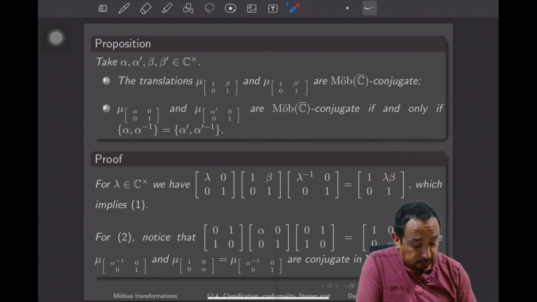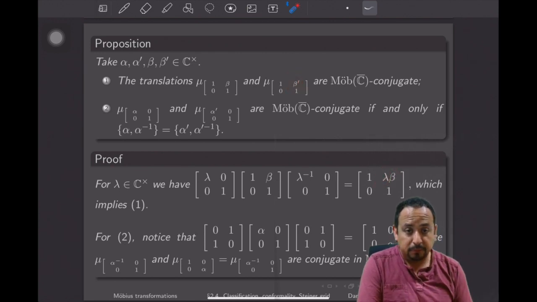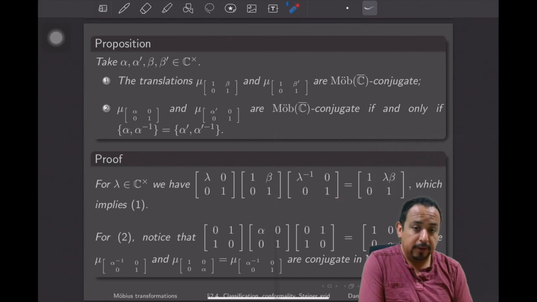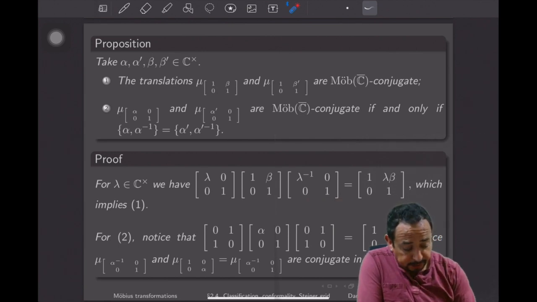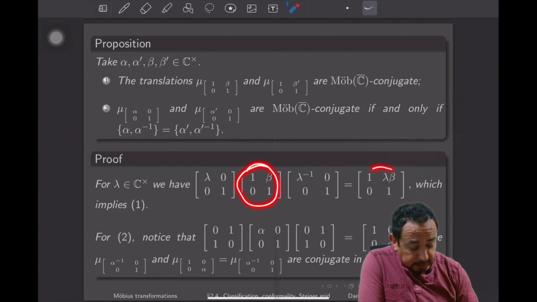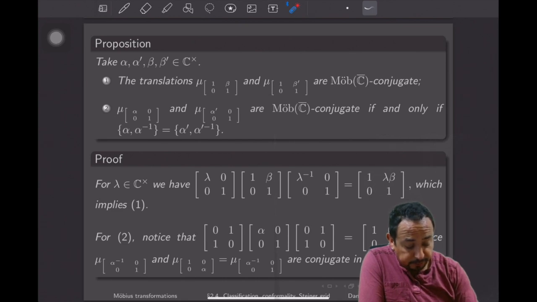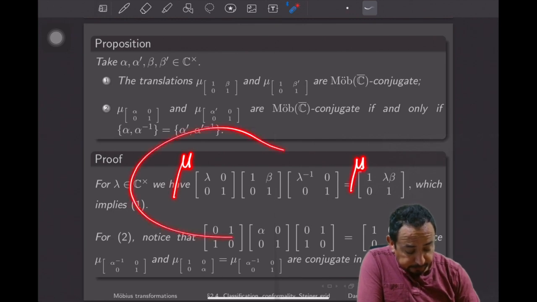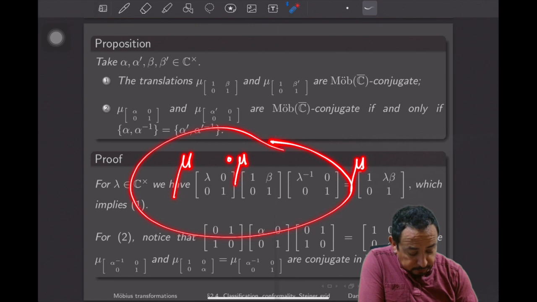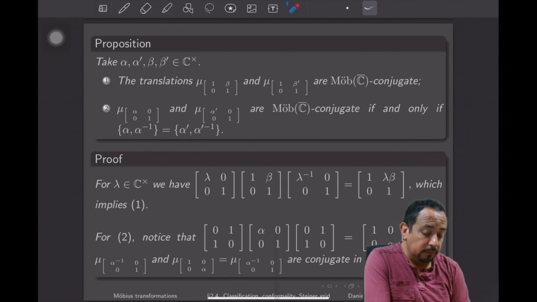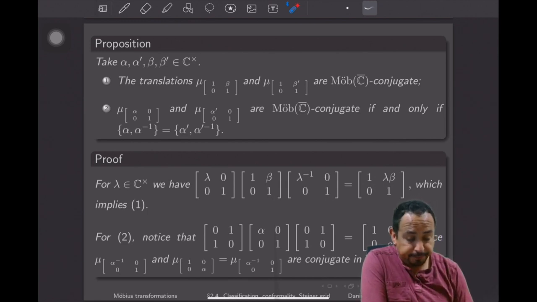So in order to obtain beta prime, I only need to take lambda appropriately, right? Namely, lambda equal to beta prime divided by beta. So these matrices are conjugate just as matrices in SL2C. So when I take Möbius transformations, I have mu of this equal to mu of this, but the one on the left is equal to mu, right? Because mu of A times B is equal to mu of A preceded by mu of B.